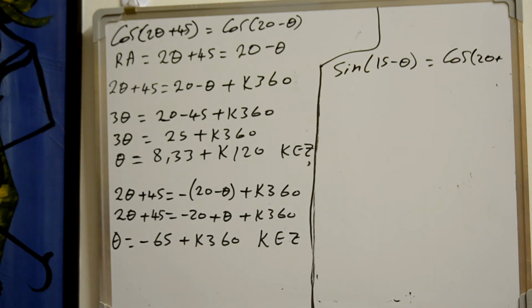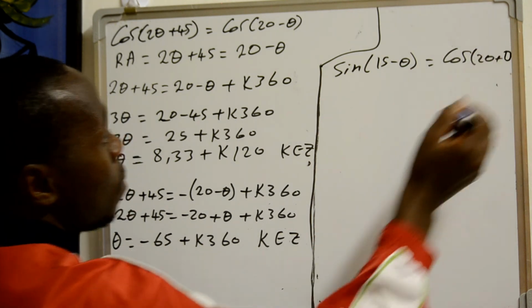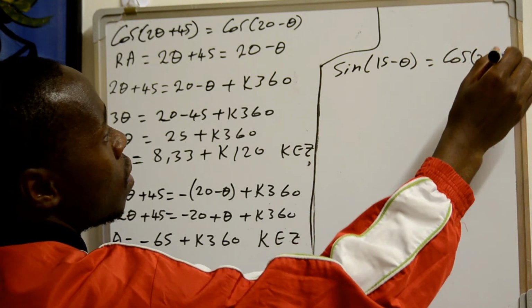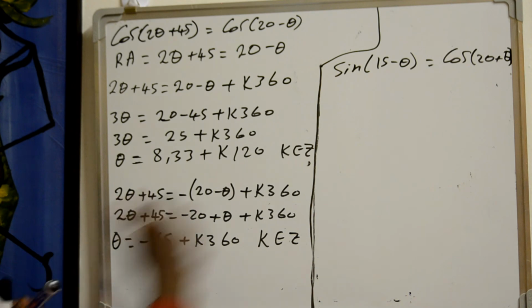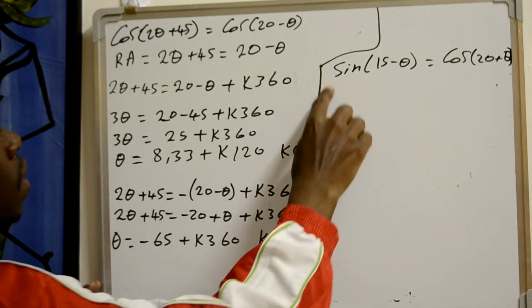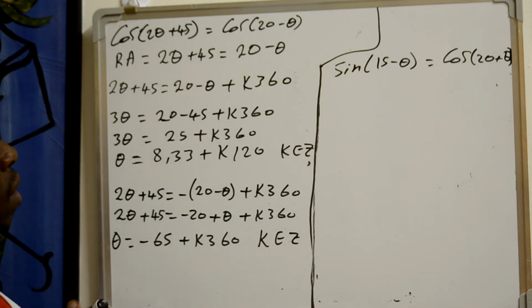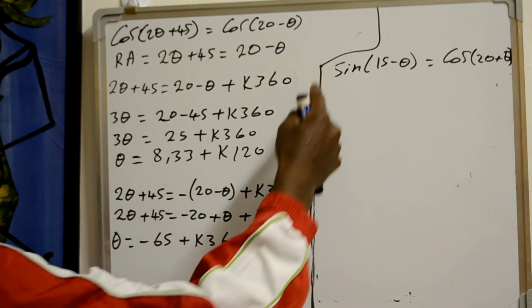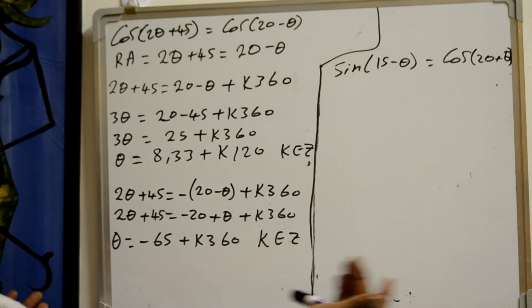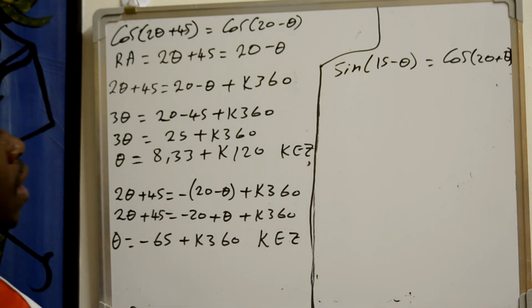Now the general solution here: the ratios are different. If the number in front of the ratios is 1 and 1 and positive on both sides, then you can change ratios. Don't change the ratios otherwise.